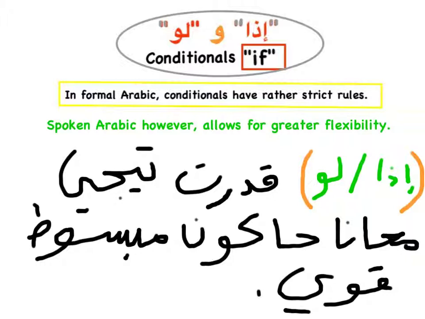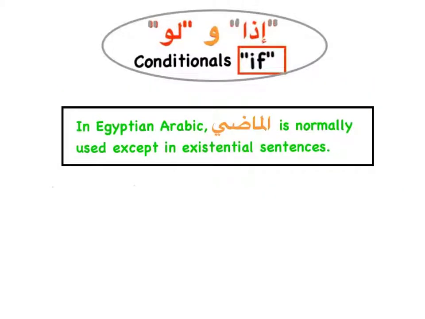It expresses the future, which is what the result clause means anyway. Of course, if you are expecting a result of a condition, a result of a situation, it will be in the future, right? Okay, now let's see more about expressing conditionals in Egyptian Arabic.